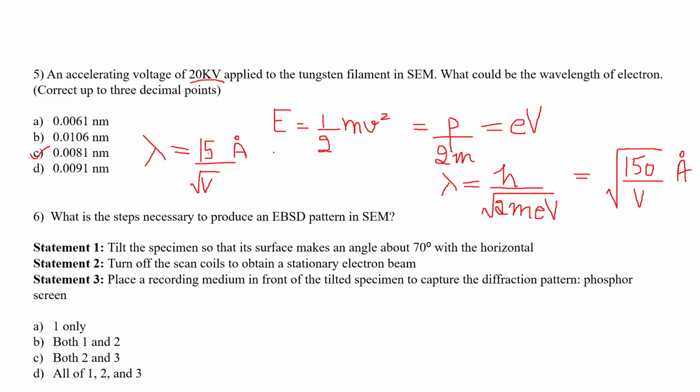Yeah, so depending upon the equation, whether we take relativistic mass or not, you can have different wavelength values. From one you are getting 0.0086, and from the other you are getting 0.0106.